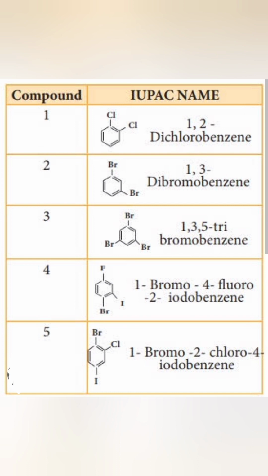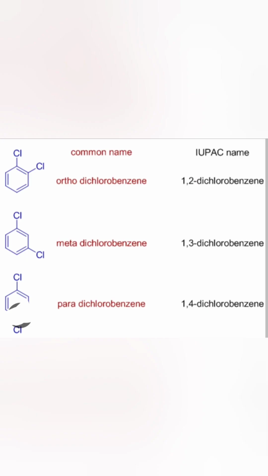Since 2 chlorines are there in the first figure, it will be dichlorobenzene. 1,3 will be dibromobenzene. Numbering comes under the IUPAC name. Similarly the third one is 1,3,5-tribromobenzene, and likewise we can answer.